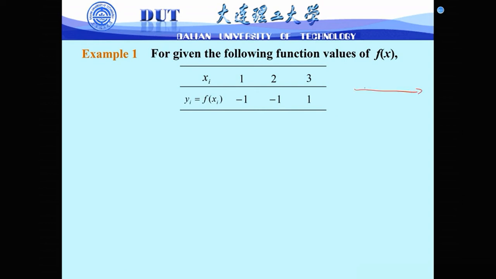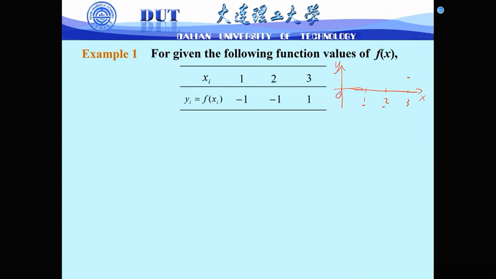I show you the figure: 1, 2, 3, and -1 should be here, and 1. Here is x, here is 0, and here is y.